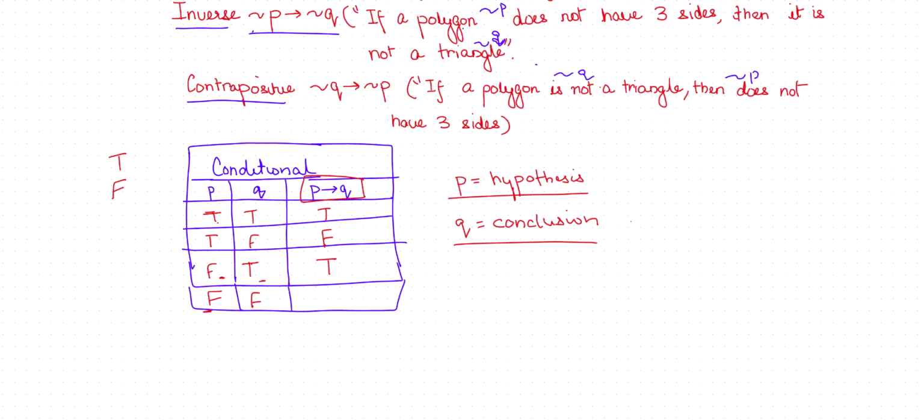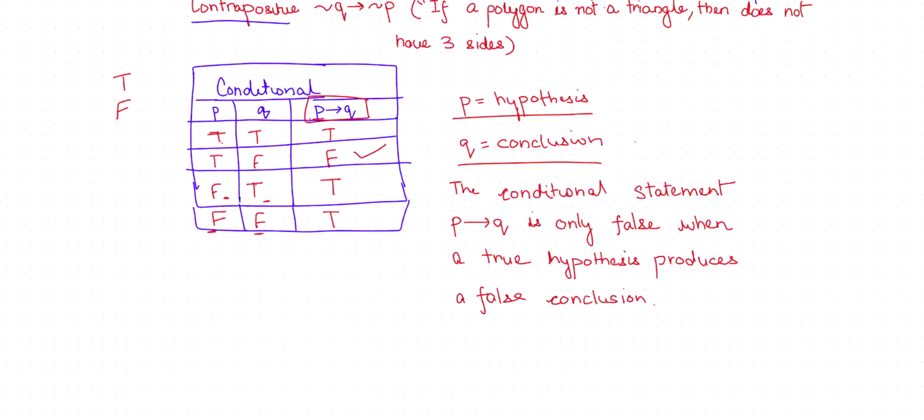So if P, then Q is only false when a true hypothesis produces a false conclusion.